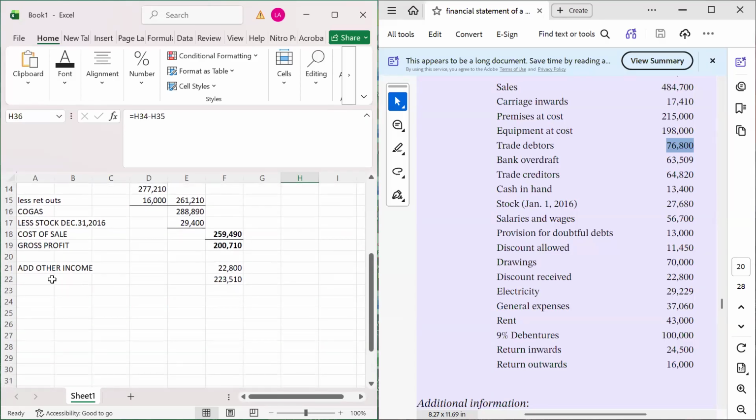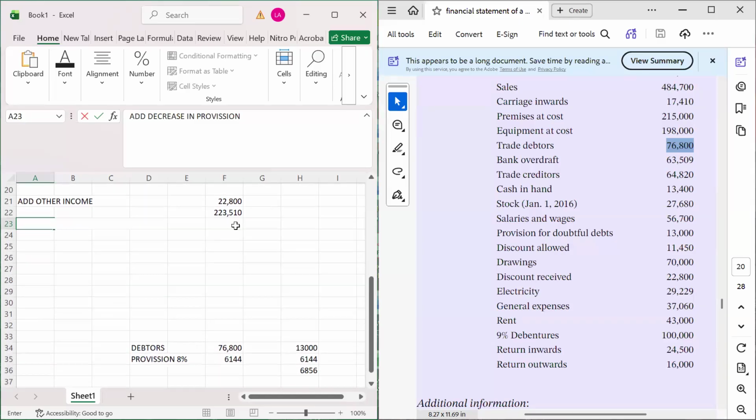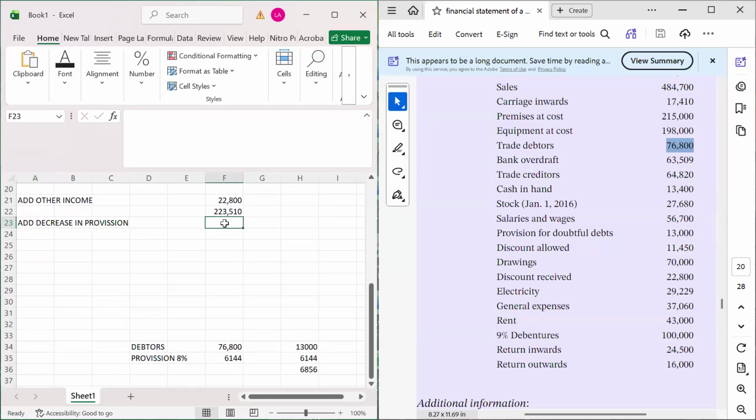So we come here and say add decrease in provision. See that the provision has reduced. I should have typed this in small letters. So you add decrease in provision, which is the difference between what we calculated and the old one.